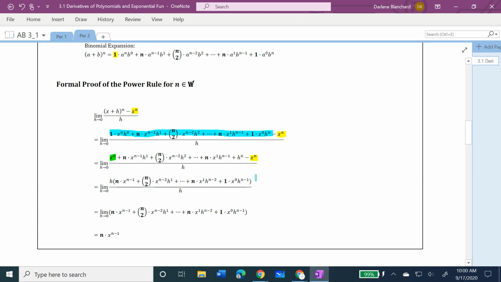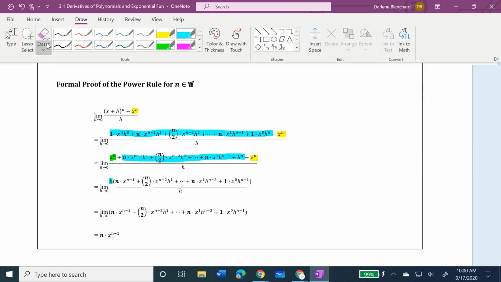Once those two cancel each other out, look at what is left over when those two subtract away. I want you to see that for each term in here, h is a factor. So I can factor an h out of all of those leftovers.